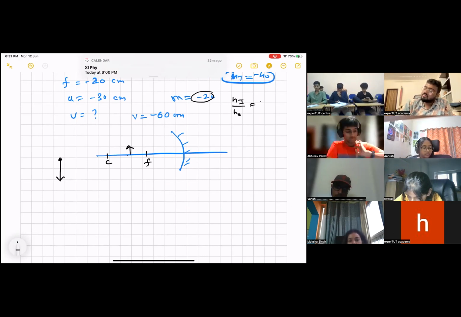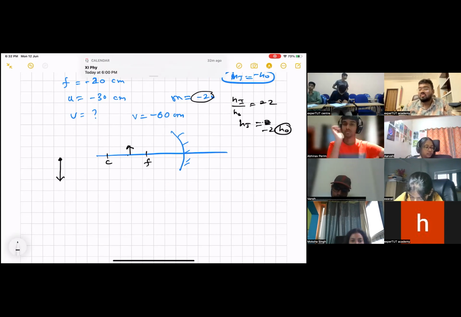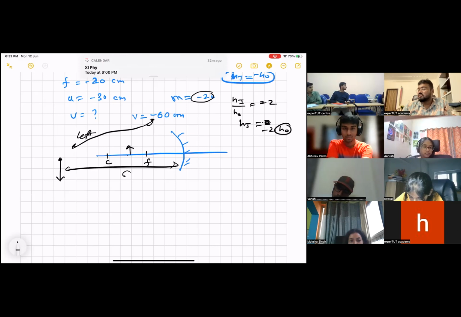So that means hi is -2 times ho. So it is twice the size, and negative means inverted. And the distance is 60, you got that, no? Yes, sir. Minus means it is on the left, -60 means it is on the left, at a distance of 60.